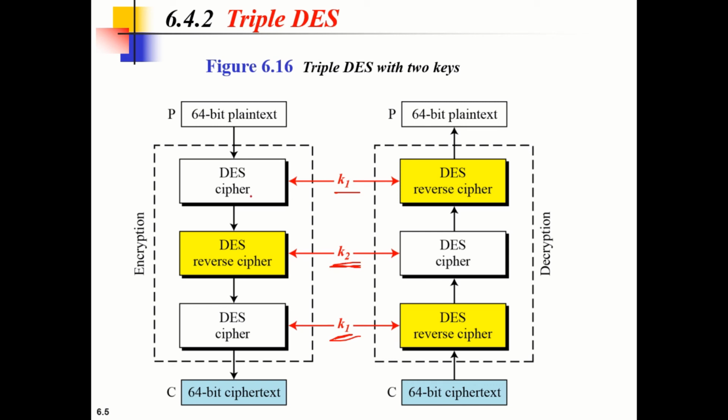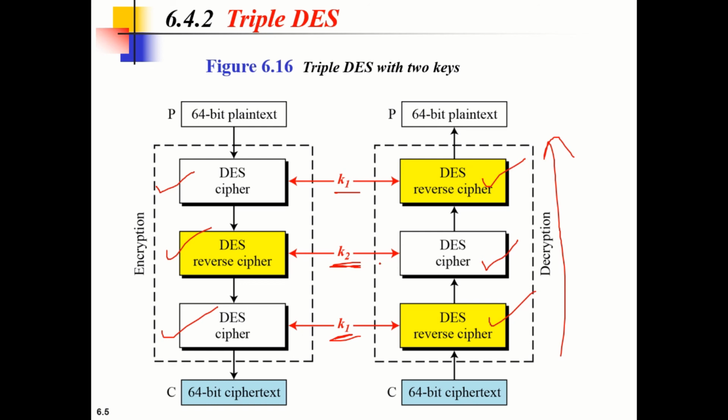So in the first step, in the first DES, it ciphers, then reverse ciphering is done, and then again ciphering is done. And at the decryption side, the process is reversed. So here we'll be using this reverse cipher 2 times and the normal cipher 1 time. So that is the triple DES with the 2 keys.